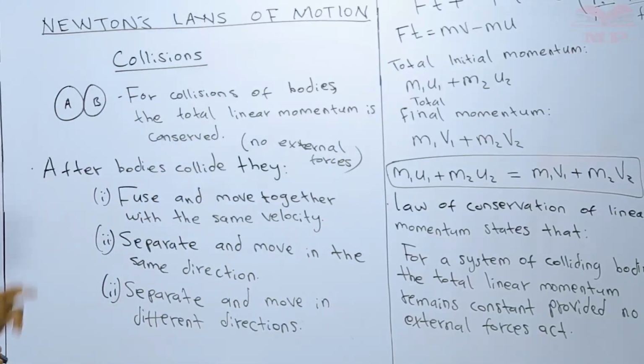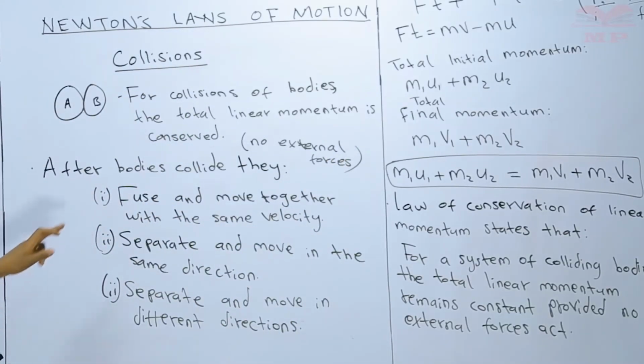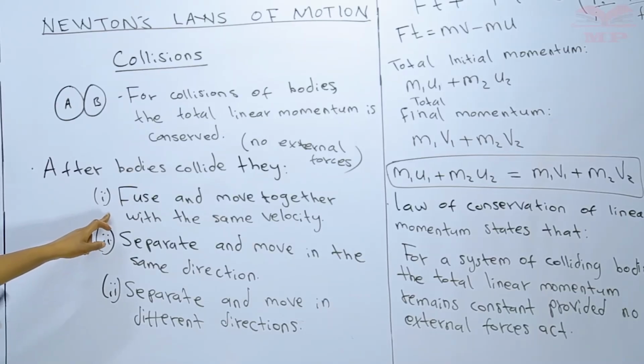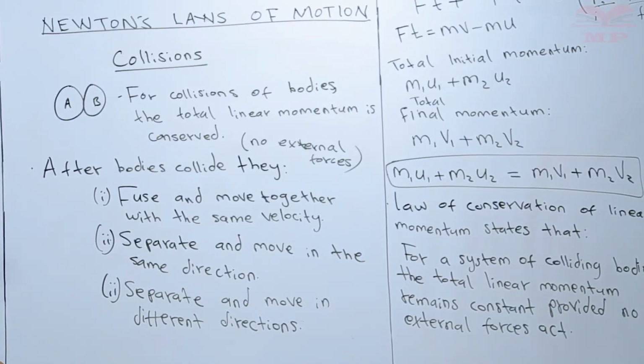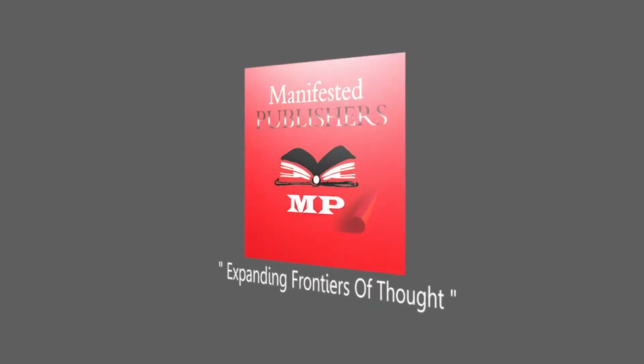Then after bodies collide, they may fuse and move together in the same direction or with the same velocity. They may also separate and move in the same direction. Again, they may separate and move in different directions.